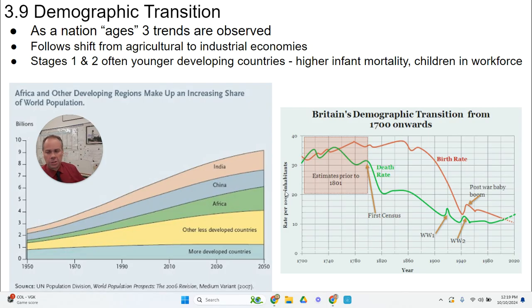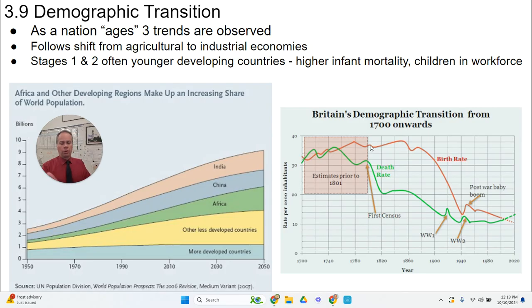This is the shift from an agricultural-based, subsistence farming way of living to an industrialized, more urbanized way of living. In today's world, most countries throughout the world, maybe all, are past stage 1 of the demographic transition and might be in stage 2.